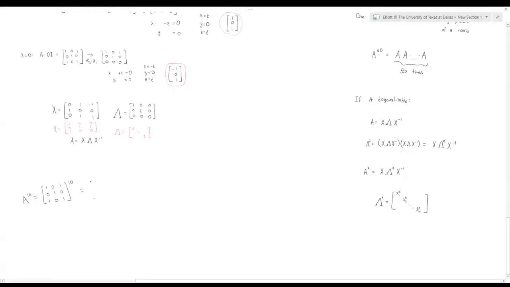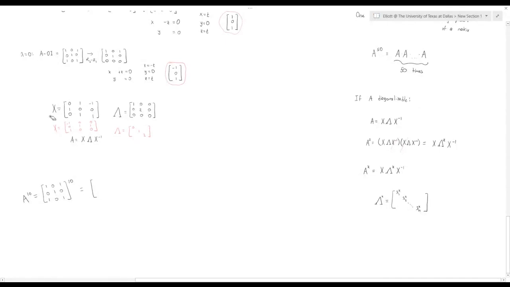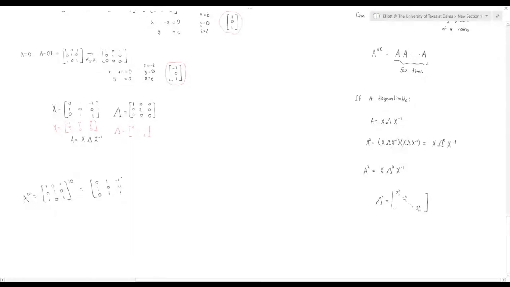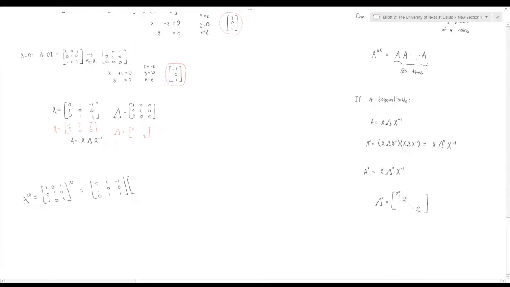We could do that by taking the factorization that we have here with the X and the Lambda, and to compute A to the 10th power, we would just need to raise Lambda to the 10th power in the middle.